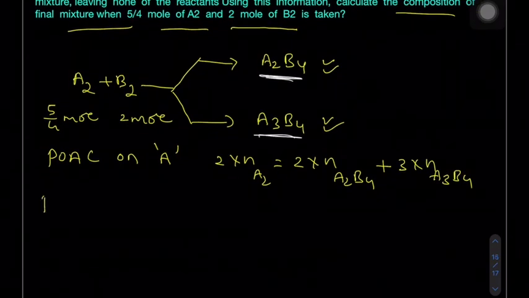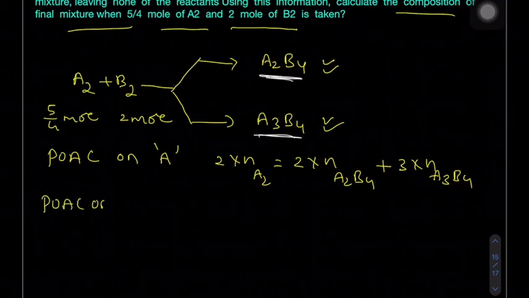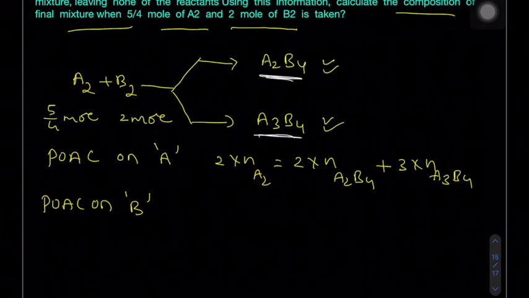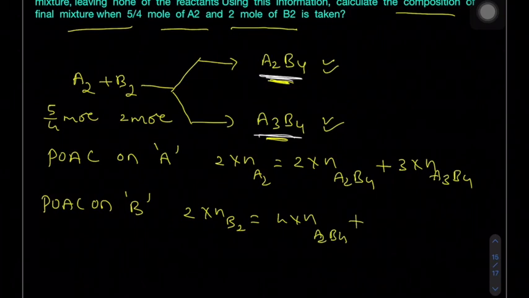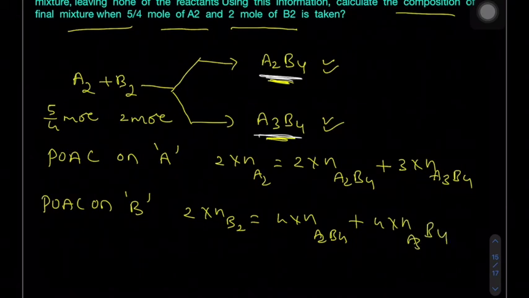Now come to apply POAC on the B atom also. On the left side, the index of B in B2 will be 2 into the number of moles of B2. The B will again be consumed in two different compounds, A2B4 and A3B4. In A2B4, the index is 4 into the number of moles of A2B4, plus the index in A3B4 also 4 into the number of moles of A3B4.